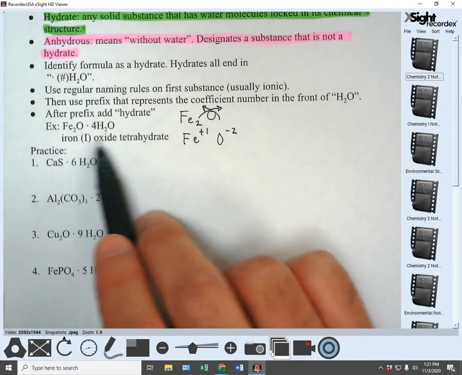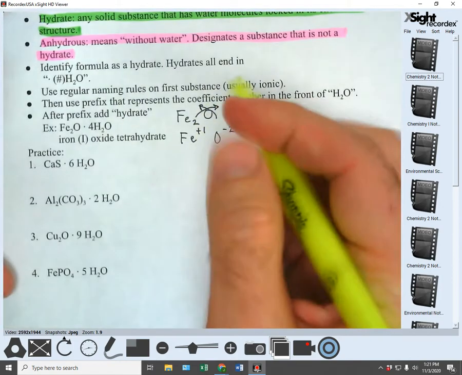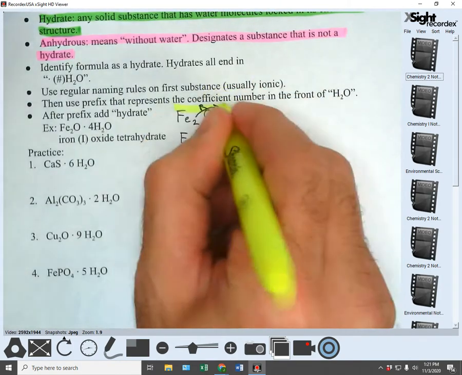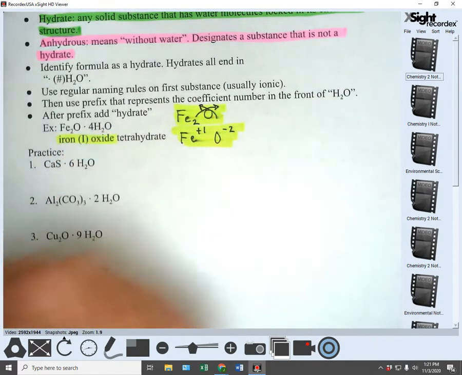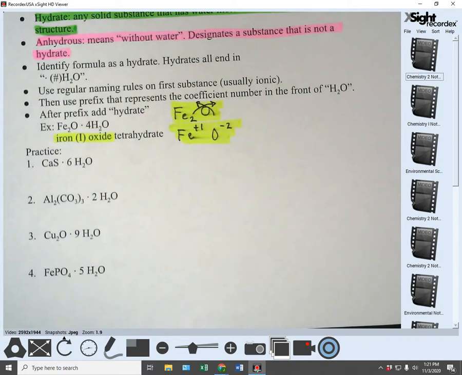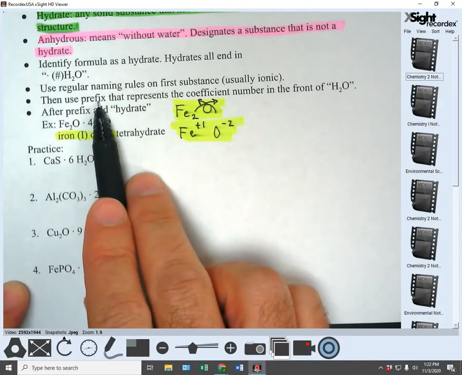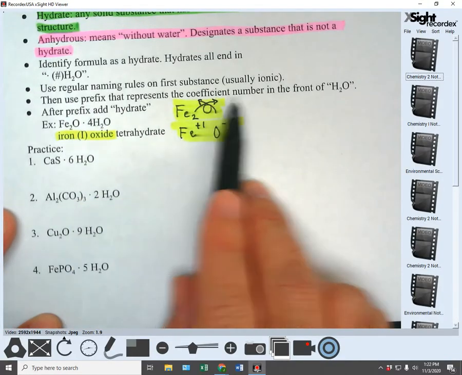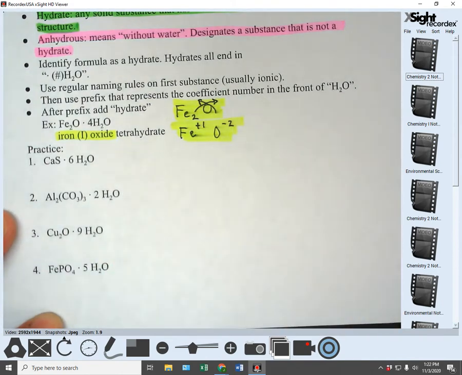So iron 1 oxide. Okay, so the stuff I did here takes care of this first part. All right, now use the prefix that represents the coefficient number in front of the H2O. So let's see if I got more highlighters here.